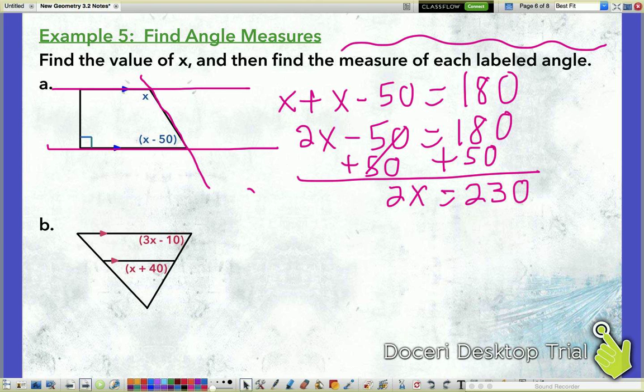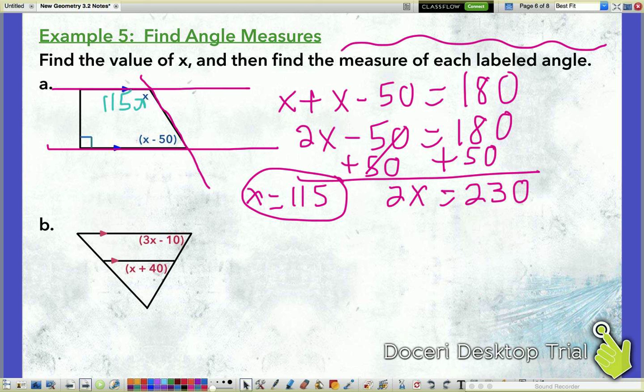I'm going to run out of room. Okay, there's x. Now it wants me to find my angle measures. So I'm going to plug x back in. Well, if x is just there, then I know that this angle here is 115.